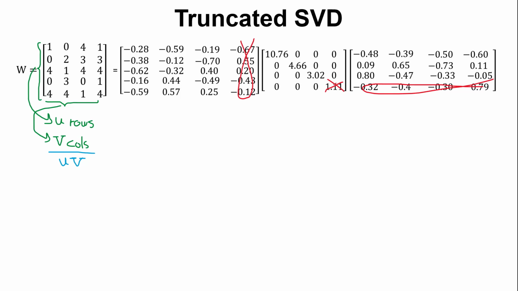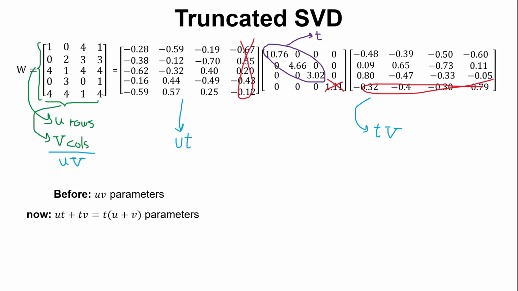Assuming that the remaining number of entries on the matrix sigma is T, we can say we have U times T parameters in matrix U, and T times V parameters on matrix V likewise. So just to recap what just happened, before truncated SVD we had U times V parameters, and now we have UT plus TV parameters, which can also be written as T times (U plus V) parameters.